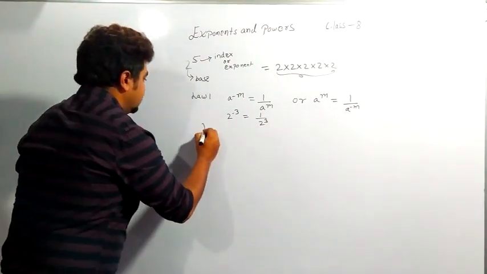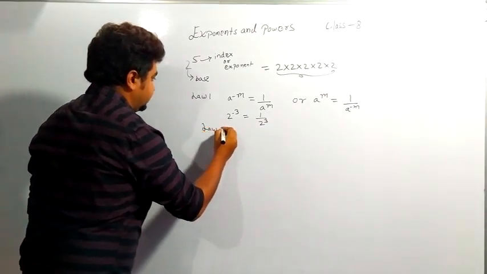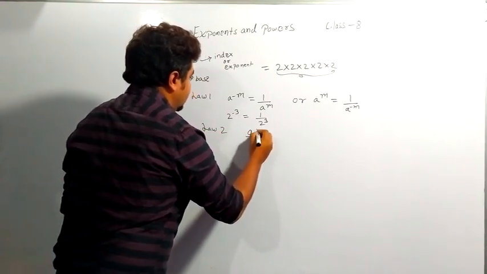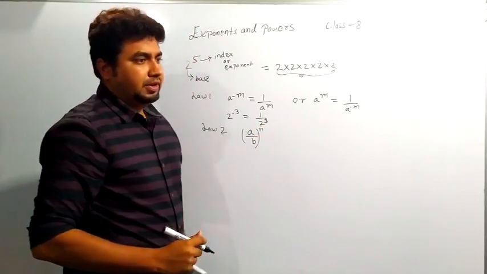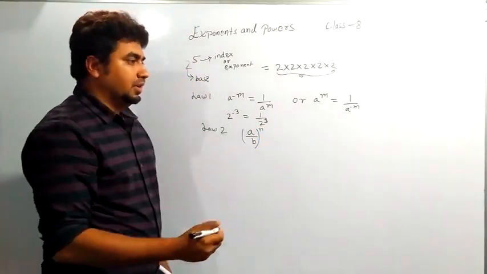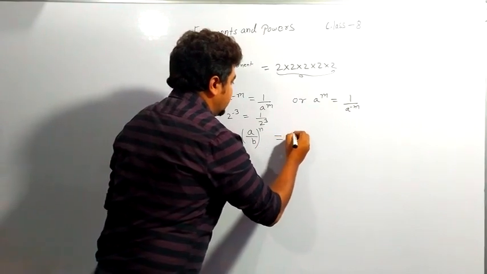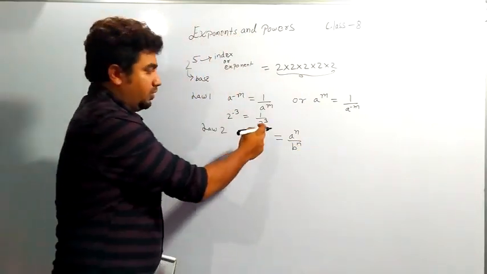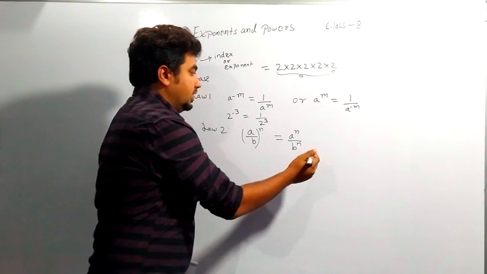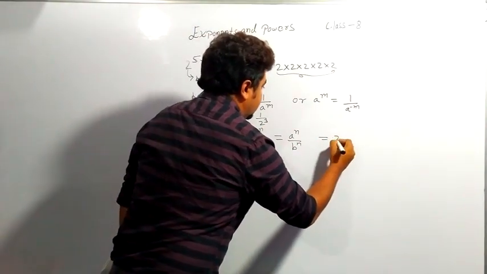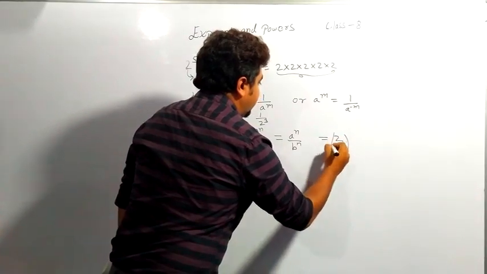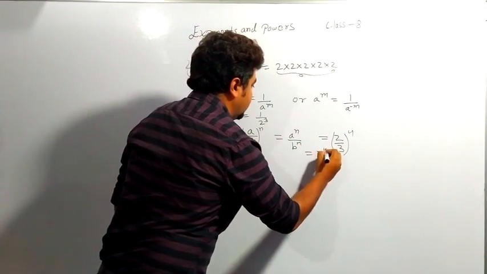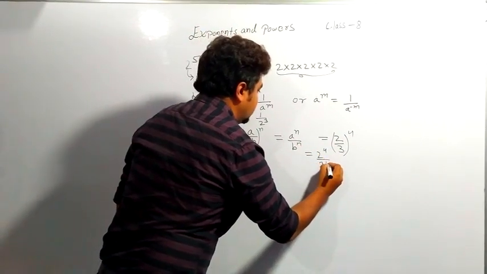Law number 2 is: a by b whole to power n means we can write it as a to power n by b to power n. The power is common here. If I have 2 by 3 to power 4, we can write 2 to power 4 by 3 to power 4.